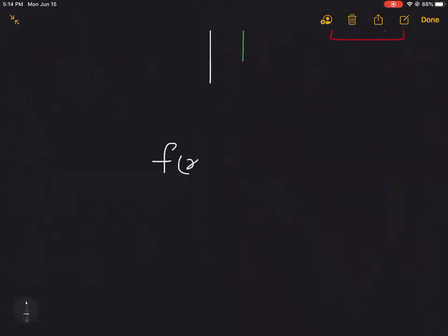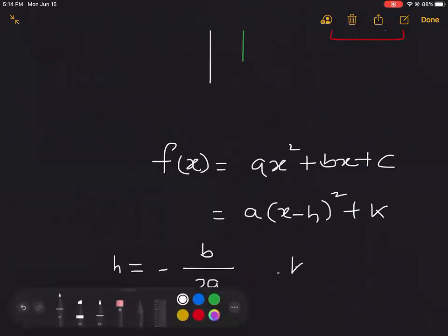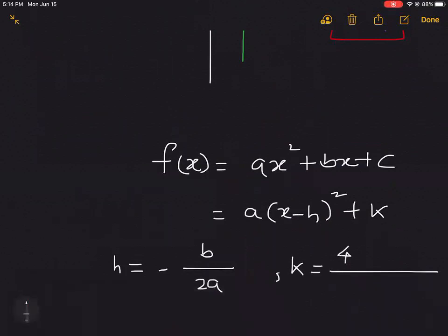If we have a function like this, x squared plus bx plus c, we can actually rewrite this by completing the square in this format, where h and k have definite values: h is negative b over 2a, and k is 4ac minus b squared over 4a.